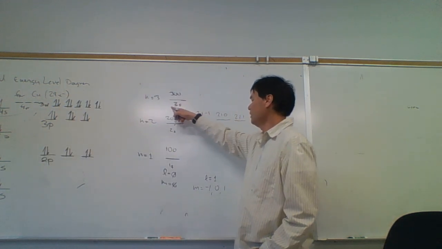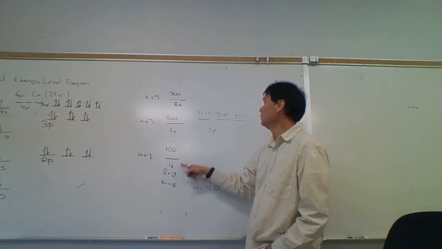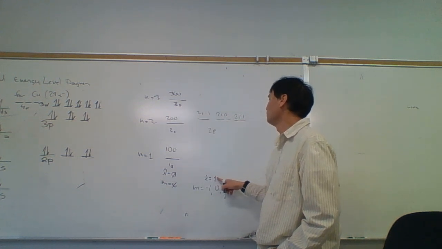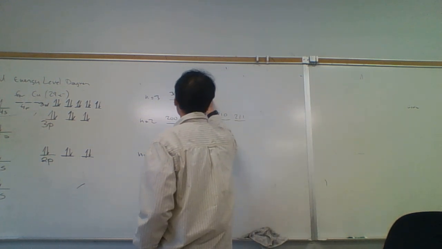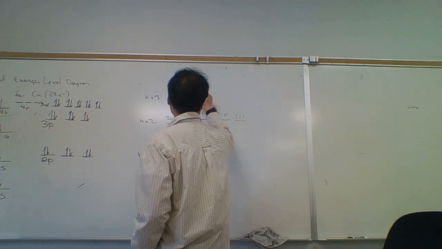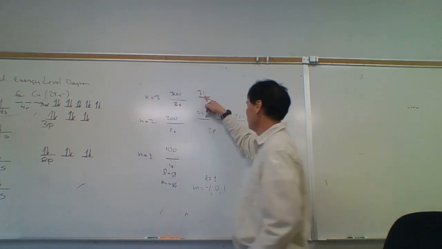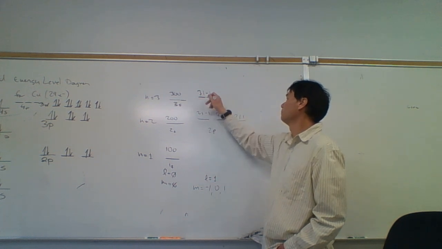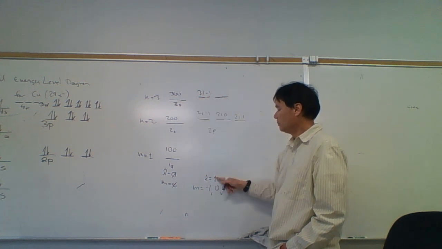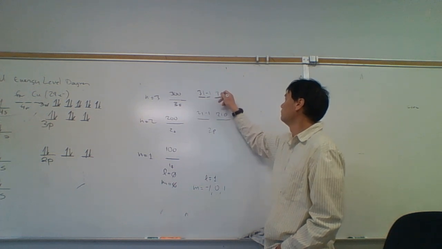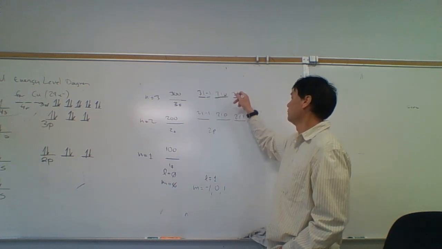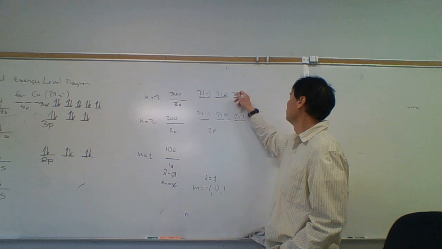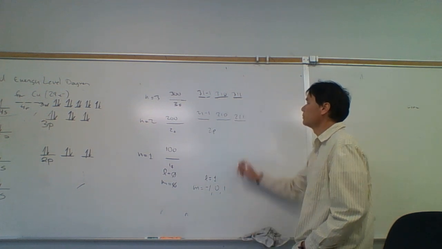If N equals 3, then we're allowed L equals 0. We're allowed L equals 1 here. And so we'll have a 3, 1 that's allowed. 3, 1, -1. We go 3, 1, 0, and a 3, 1, 1. So those are my 3 P's.